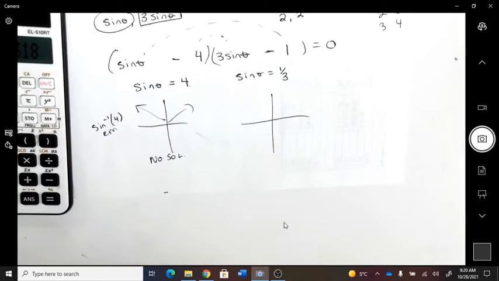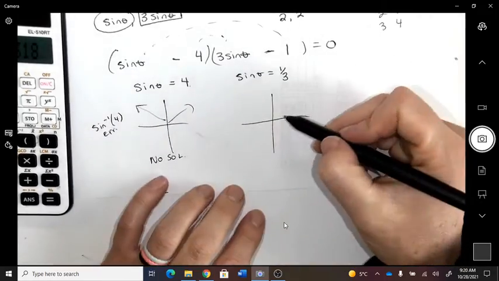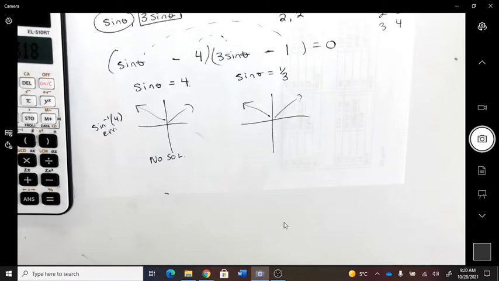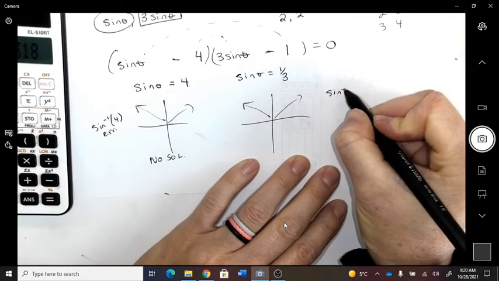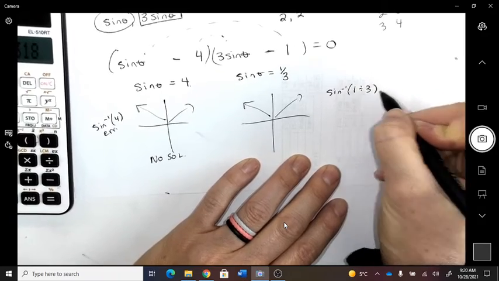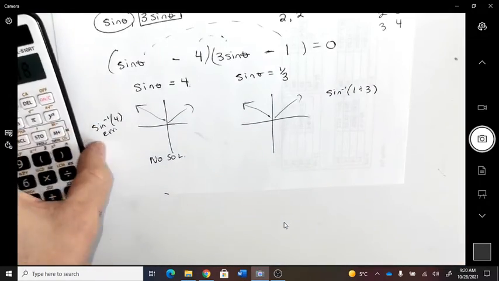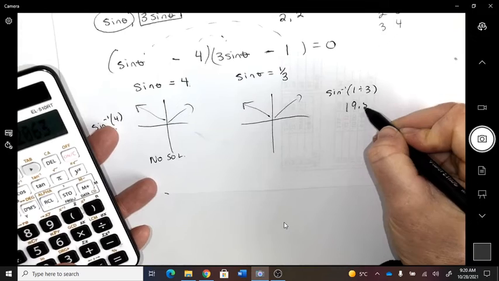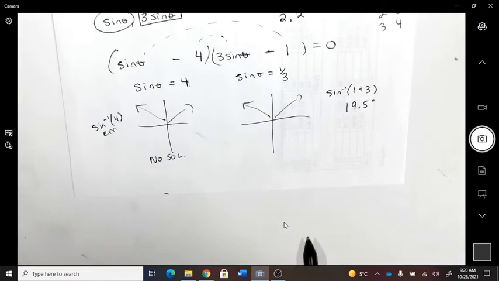So for a trig value of 1/3, sine is positive 1/3. So I pick my quadrants. Sine is positive. I'm going to sine inverse 1/3, like that. My brackets would be important for me there. Okay, that is not the answer.